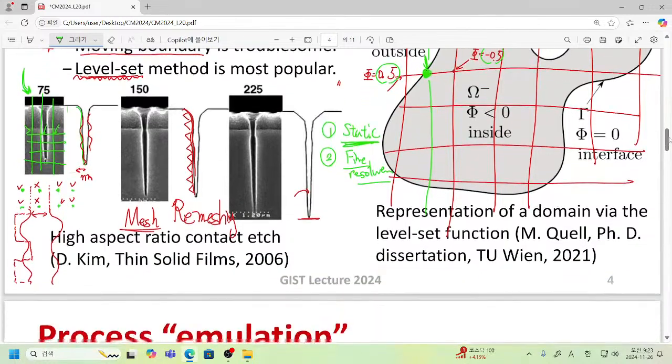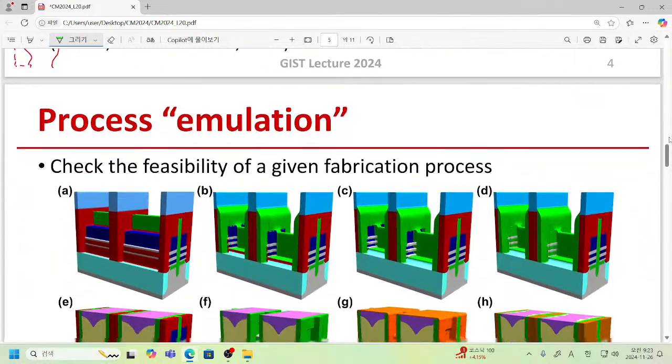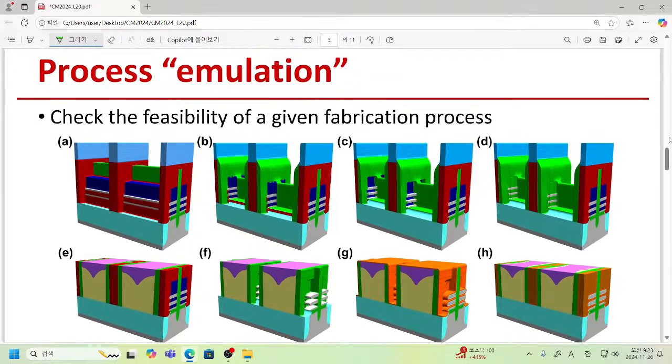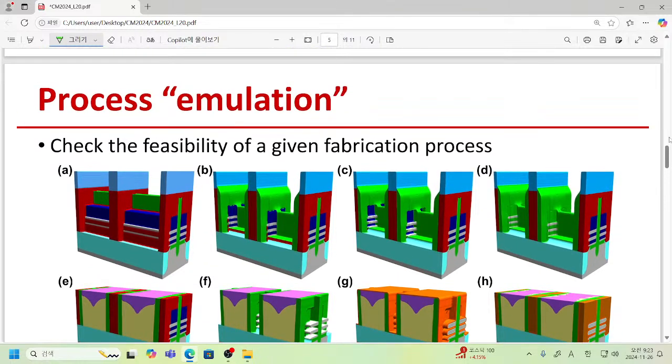So today we will consider the level-set method, and using this level-set method, there is a kind of practice called process emulation. Here I have introduced quotation marks for this emulation.